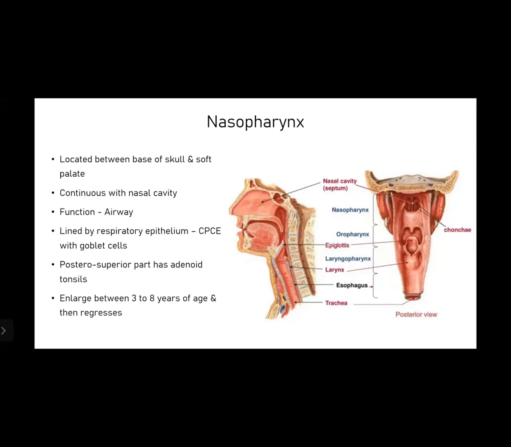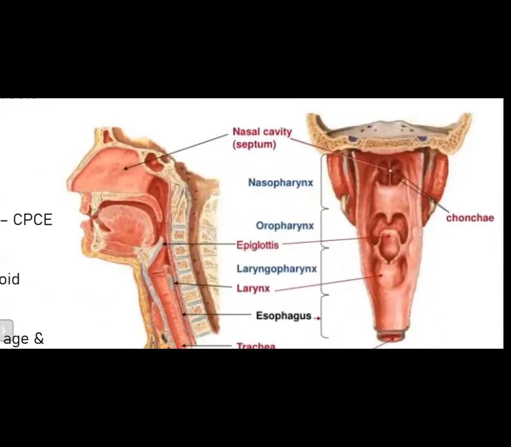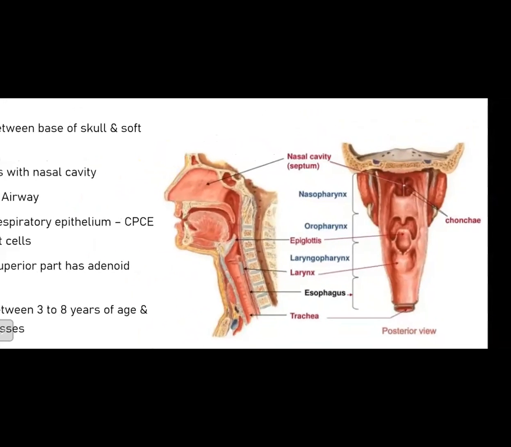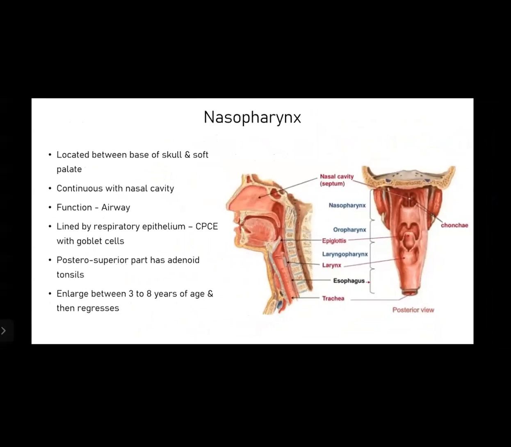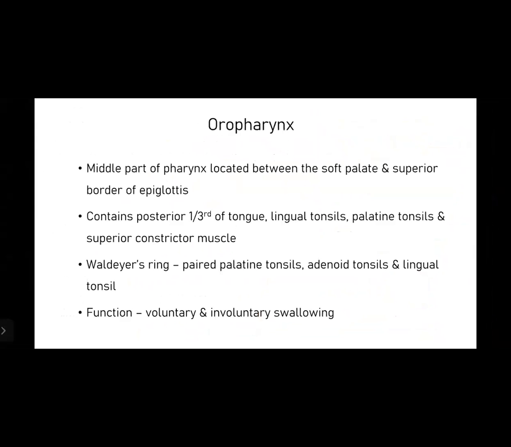You can see that from the lateral view, and you can see the structure of the nasopharynx from the posterior view. What you can see is that it's generally a fibromuscular tube, with muscles and fibers.